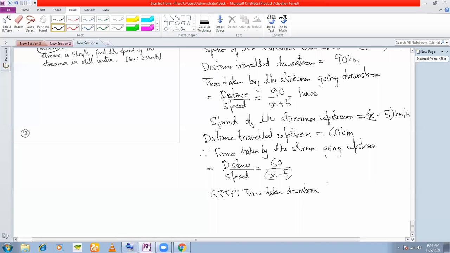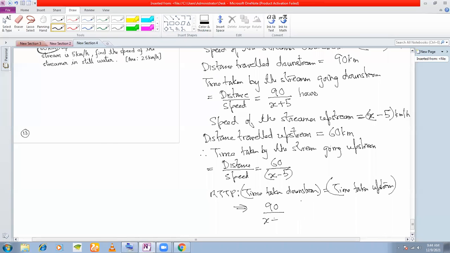So time taken downstream is 90 by x plus 5 and time taken upstream is 60 by x minus 5. So that will give you your equation here, and you solve this equation to get the value of x.